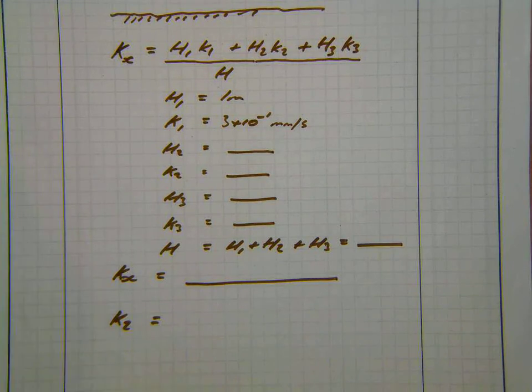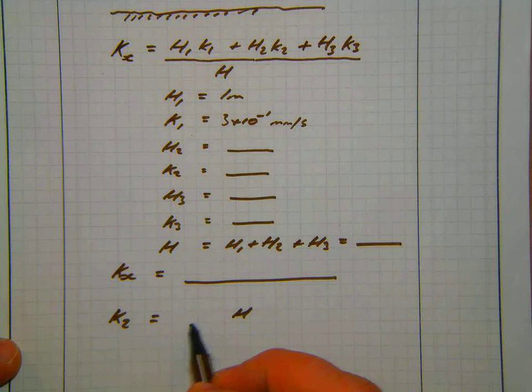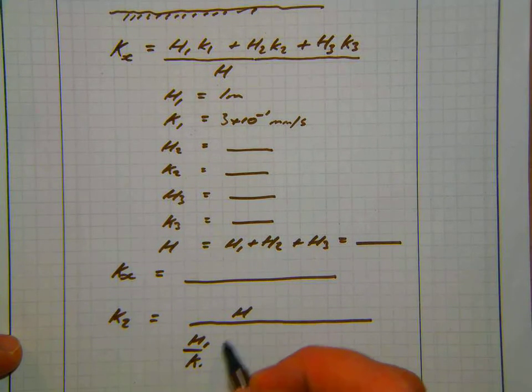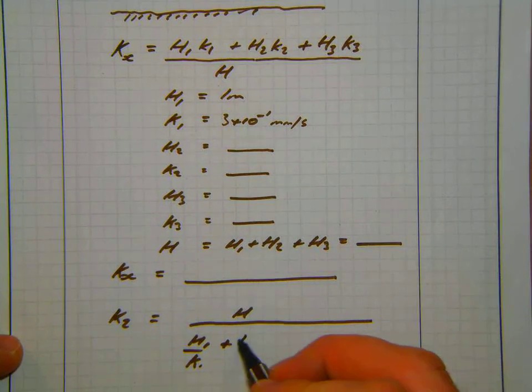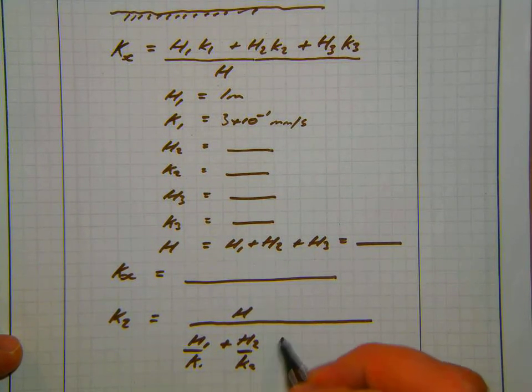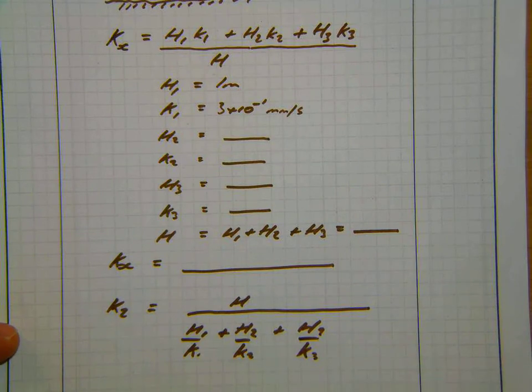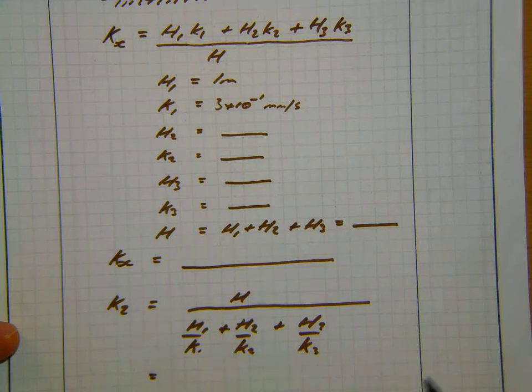Again, we can go to Smith's book, and the formula for Kz is given as Kz is equal to H, and this time this is all divided by, where we're adding these up in parallel rather than in series, H1 over K1 plus H2 over K2 plus H3 over K3, and so you can see again the numbers we've had from before. We can find what Kz is.